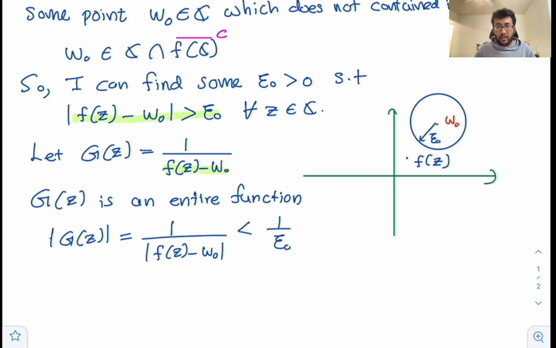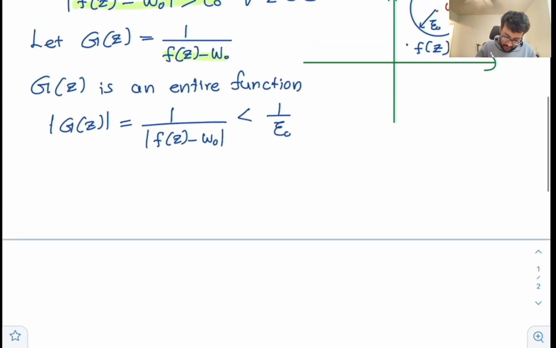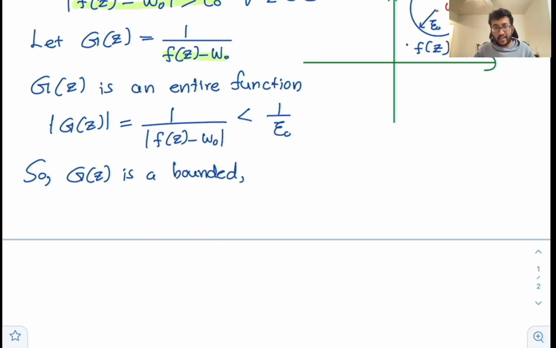Now this proves that G(z) is bounded, right? So G(z) is a bounded function, and also it is entire, so it is a bounded entire function.